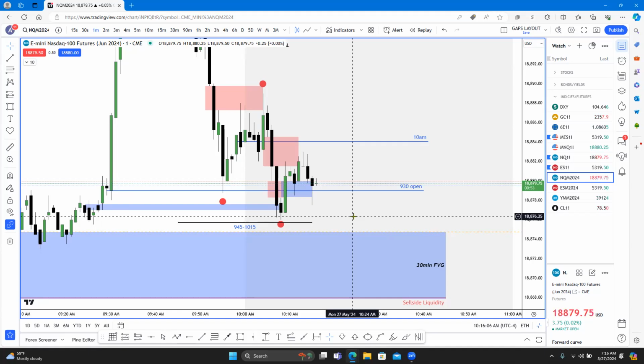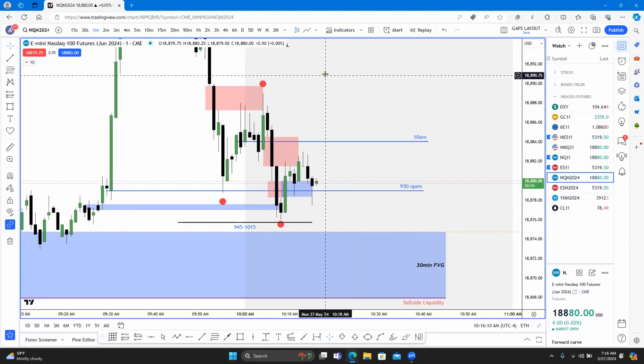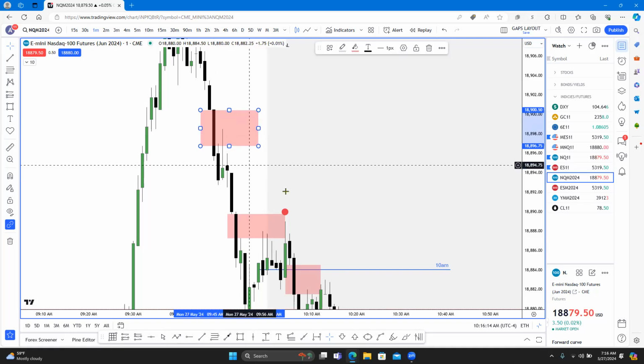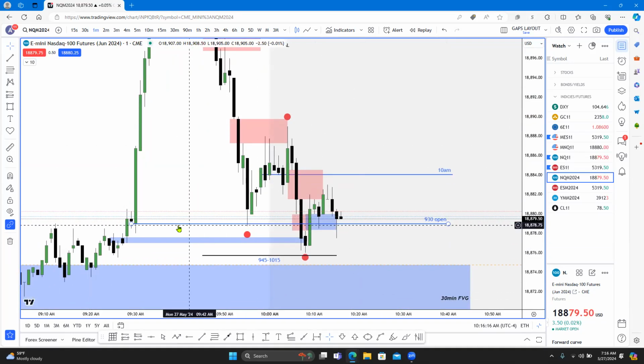Is there any significance of fair value gap and inversion fair value gap at 9:30? 9:30.